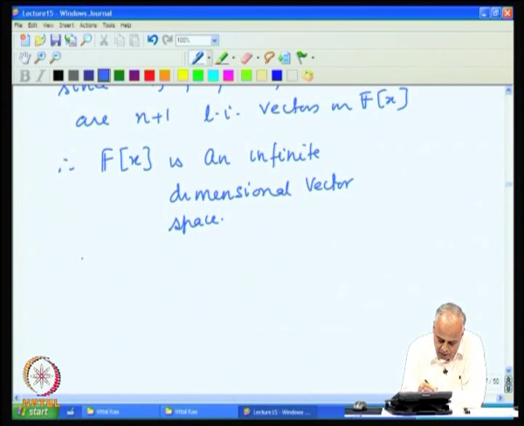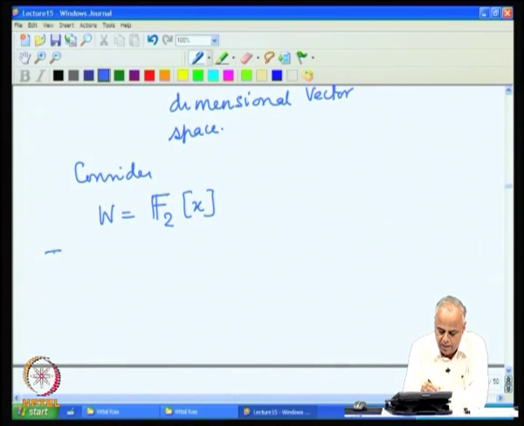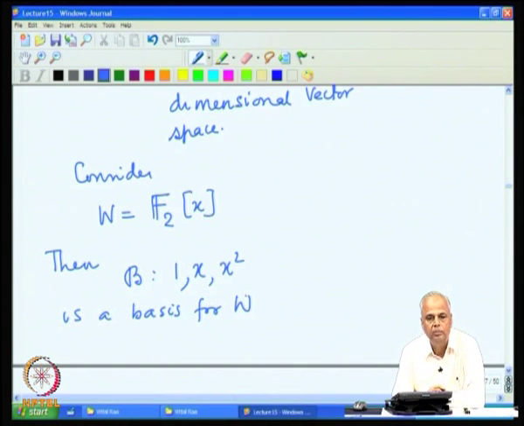Now, consider W to be the subspace consisting of all polynomials whose degree is less than or equal to 2. Then B consisting of the polynomials 1, x, x squared is a basis for W, because any polynomial of degree 2 is a linear combination of 1, x, x squared.